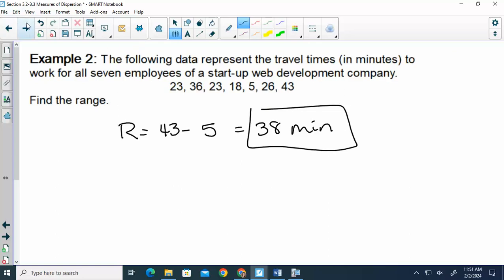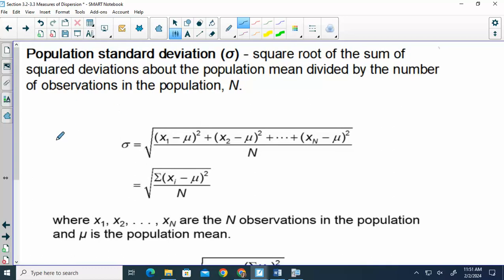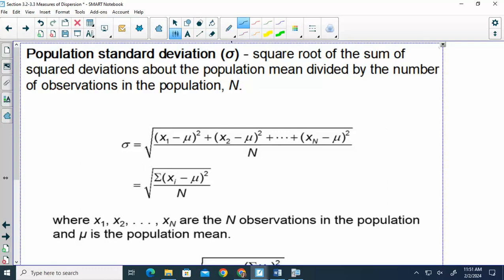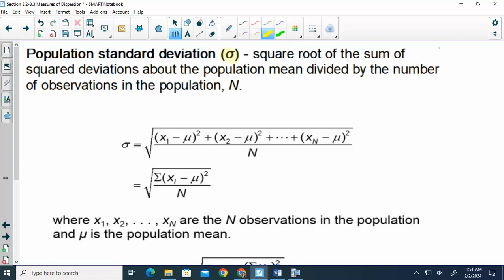So then we need what's called standard deviation. This formula is slightly different depending on if you're talking about the population or the sample. And if you forget what variables you're using, it's again on the formula sheet. When we're talking about the population, we use this little symbol, called a sigma, just another Greek letter.